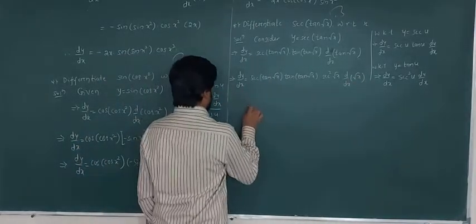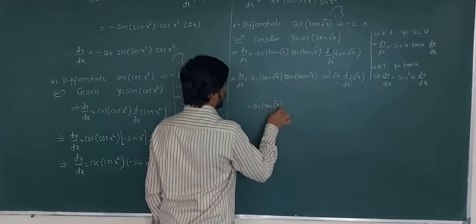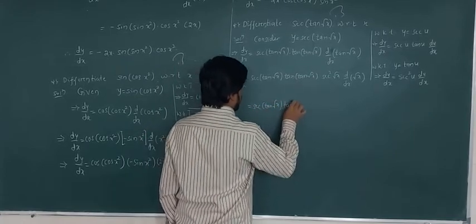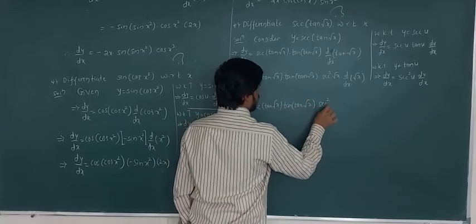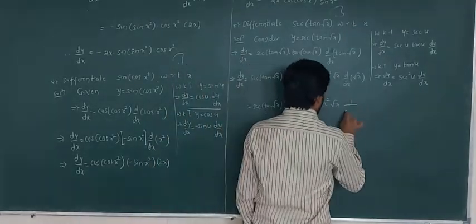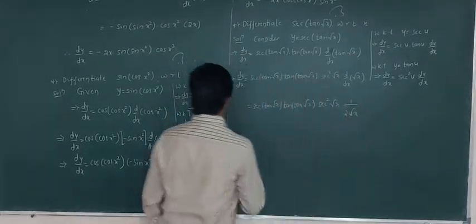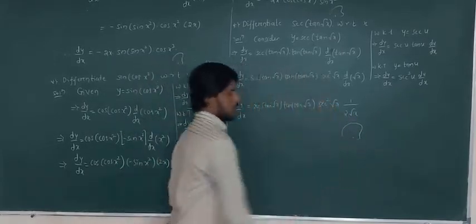This is equal to sec of tan root x as it is into tan of tan root x, same, secant square root x as it is, derivative of root x is 1 upon 2 root x. This is our required solution. So write it down.